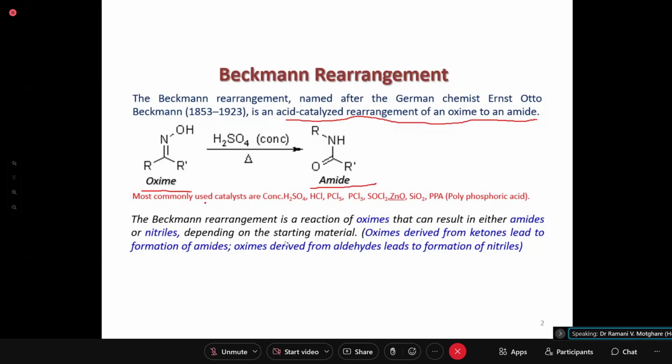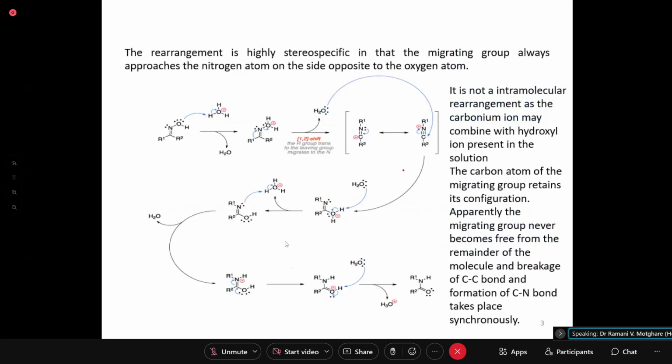The most commonly used catalysts are concentrated H2SO4, HCl, PCl5, PCl3, SOCl2, zinc oxide, and SiO2. Polyphosphoric acid also. So this is the general reaction of Beckmann. Then the mechanism comes here.